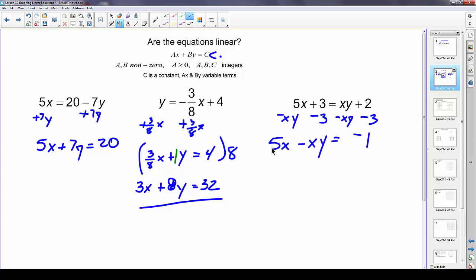So you'll notice my a term is greater than or equal to 0, but in my b term, I don't have a coefficient here. I have an x in front of the y. This is a deal killer, and because of this, it's not linear. Whereas the other two were.